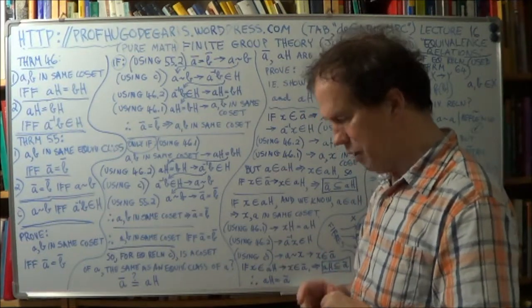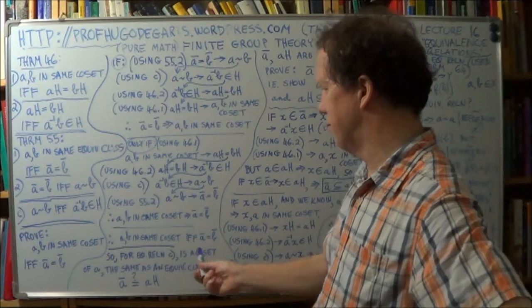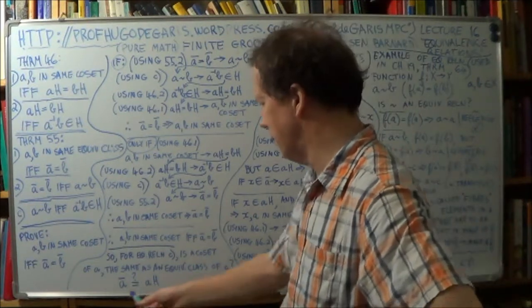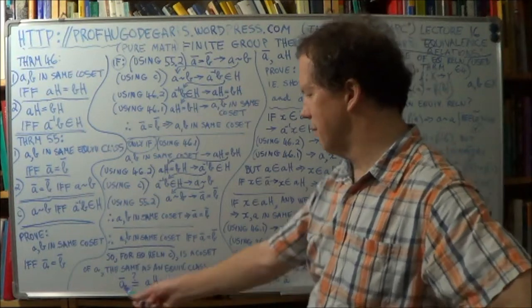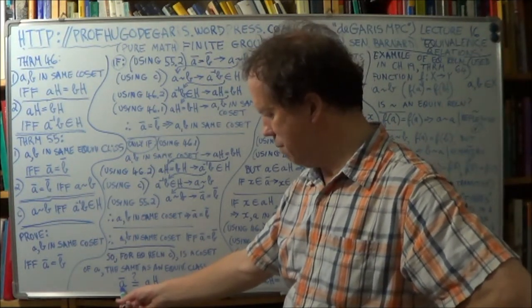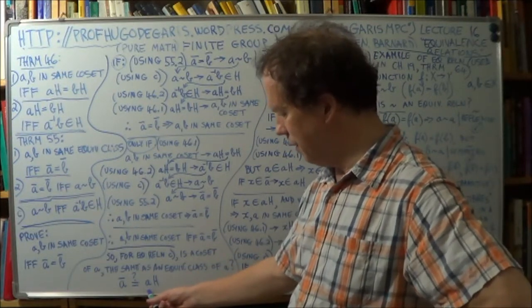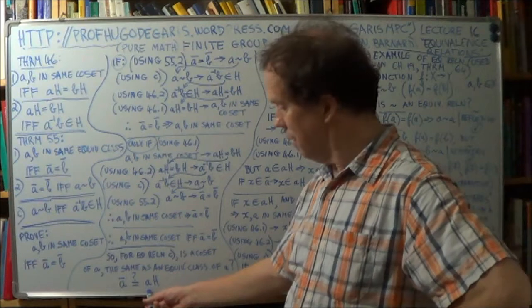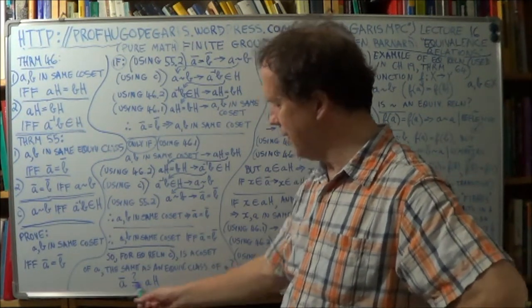So imagine you're a research mathematician and you discover all this, and then you start wondering, well, is it possible that this actually equals that? So I've got a question mark here. So your equivalence class for member little a, is that the same thing as the coset for member little a? So are these two the same?